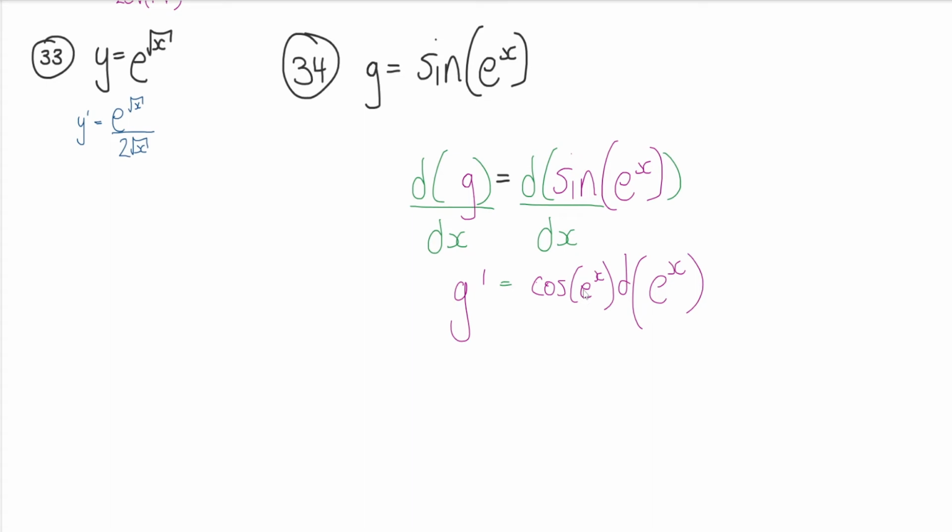When you take the derivative, you just transfer your d dx to the next layer. And what is the derivative of the inside? It is just e to the x itself. So this whole thing becomes cos of e to the x times e to the x, and generally, so there's no confusion, we put that out front.